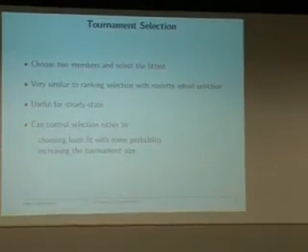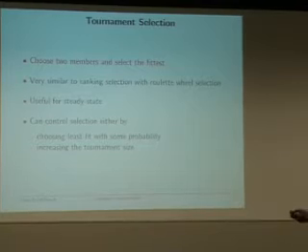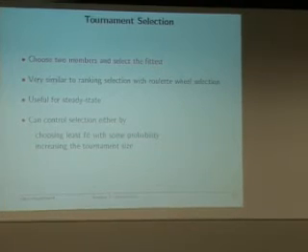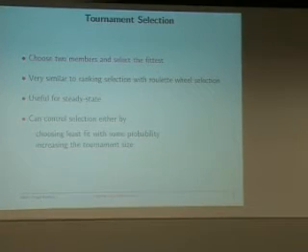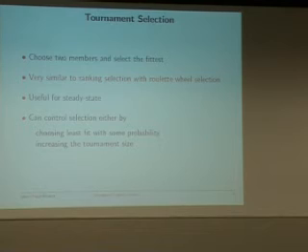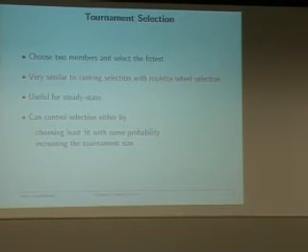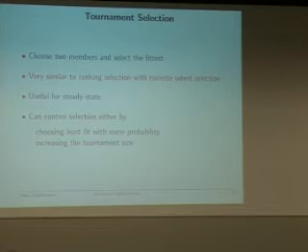Tournament selection is probably the most popular selection. You choose two members of the population and you select the fitter. It's very similar to ranking selection with roulette wheel sampling. If you use roulette wheel sampling with ranking selection, mathematically it gives you exactly the same outcomes as tournament selection.